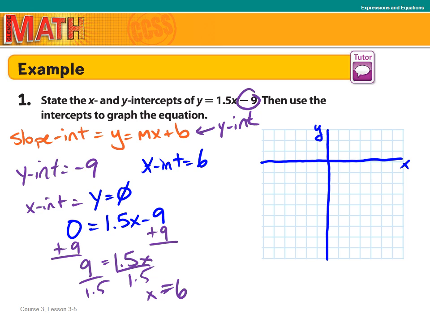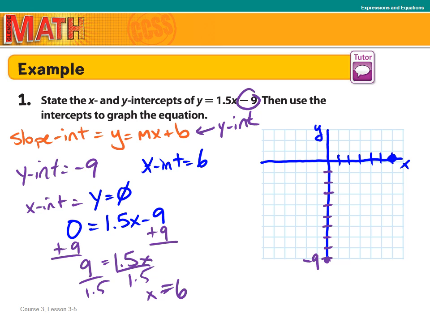I'll go by ones: negative 1, negative 2, negative 3, negative 4, negative 5, negative 6, negative 7, negative 8, negative 9. That's my y-intercept. For my x-intercept, it's positive 6: 1, 2, 3, 4, 5, 6.